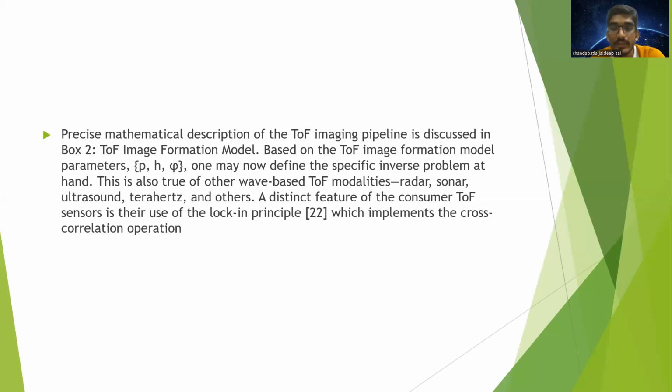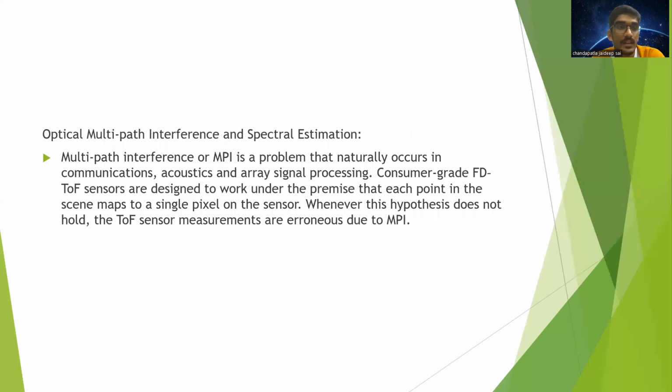A distinct feature of consumer TOF sensors is their use of the lock-in principle, which implements the cross-correlation operation. Optical multipath interference and spectral estimation: multipath interference, or MPI for short, is a problem that naturally occurs in communications, radar, and array signal processing.